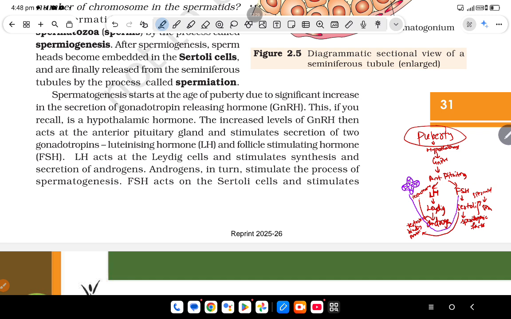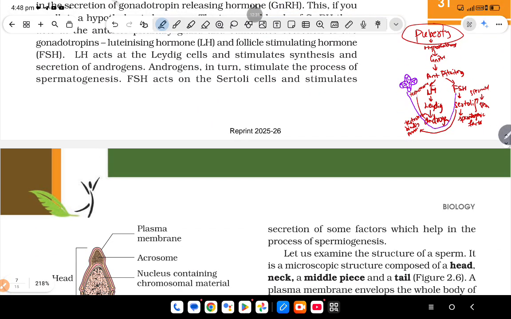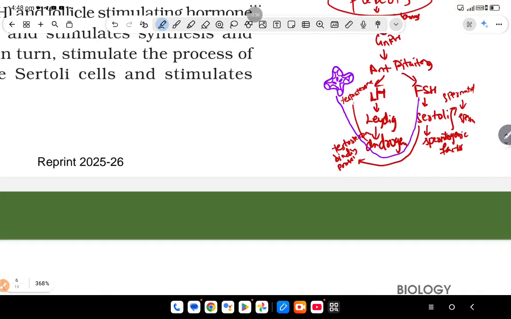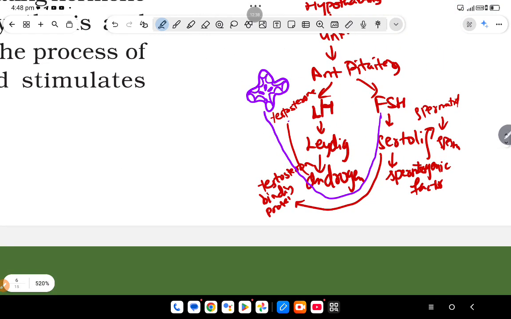FSH acts on Sertoli cells and stimulates secretion of some factors which help in the process of spermiogenesis. FSH acts on Sertoli cells, which produce some spermatogenic factors which help spermatids transform into sperm. And FSH also produces testosterone binding protein, which helps the testosterone to enter the seminiferous tubule.